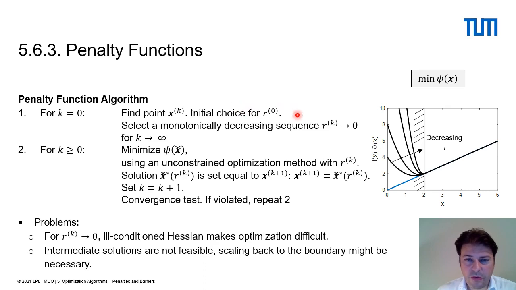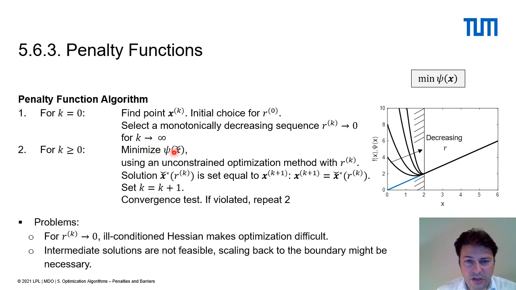And similarly to what we just saw for barrier functions, we can here look at the algorithm that uses penalty functions. You also specify a sequence of r values that tend to 0 for your iteration index going to infinity.